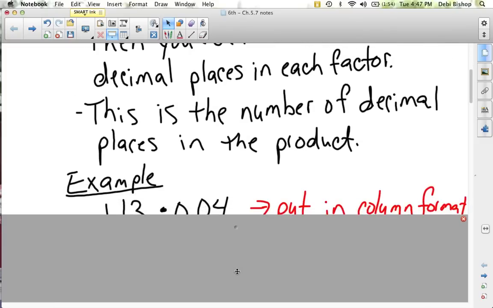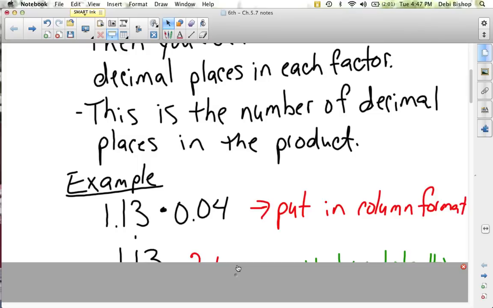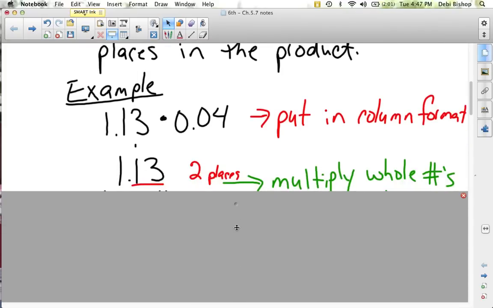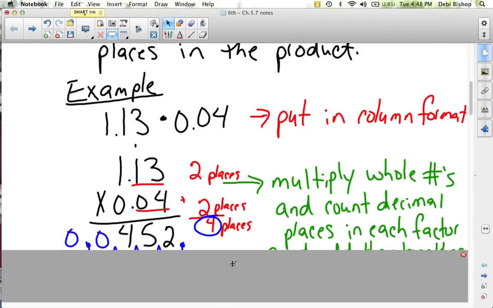So, here's an example. If you have the problem 1 and 13/100 times 4/100, you first put your problem into a column format. Then you take your number and you would multiply it like you would 113 times 4.